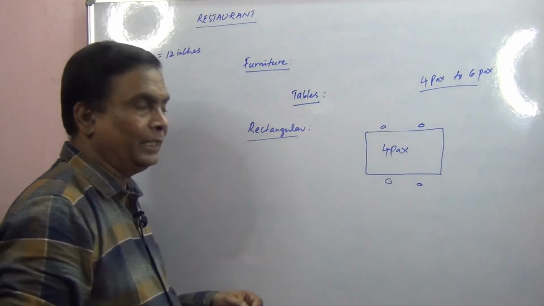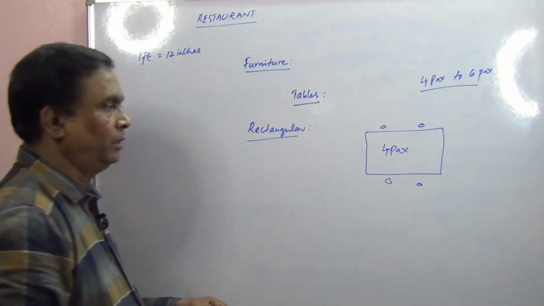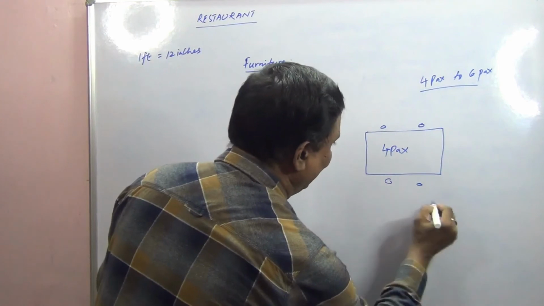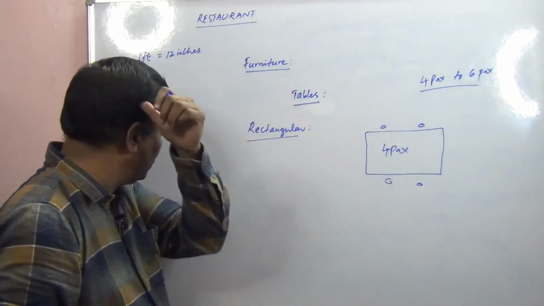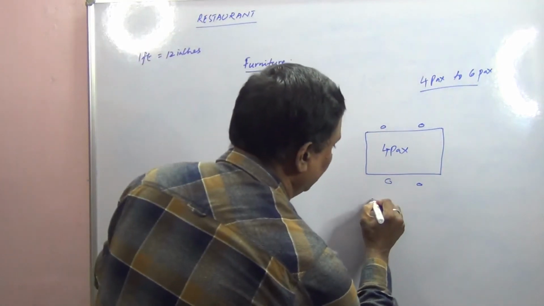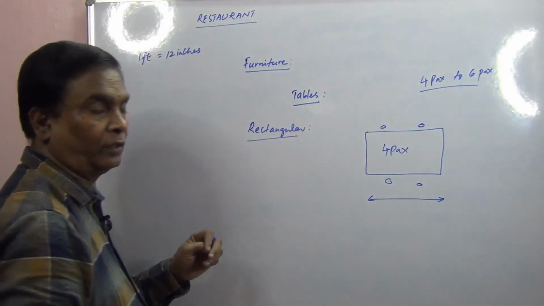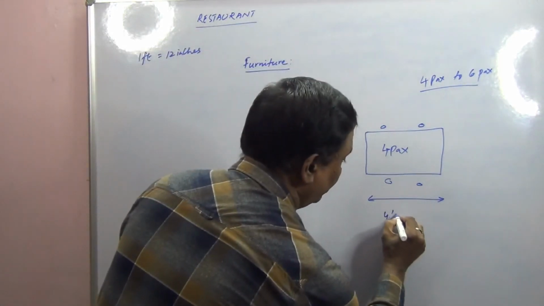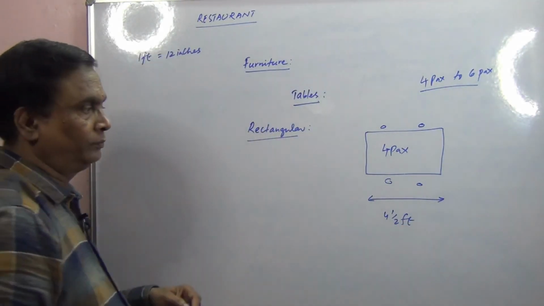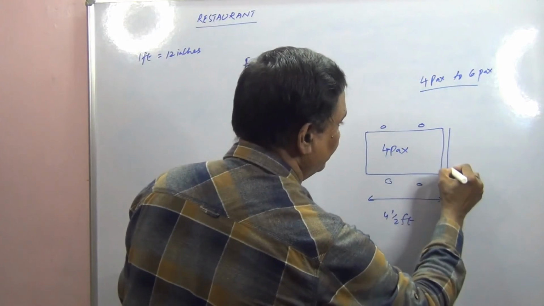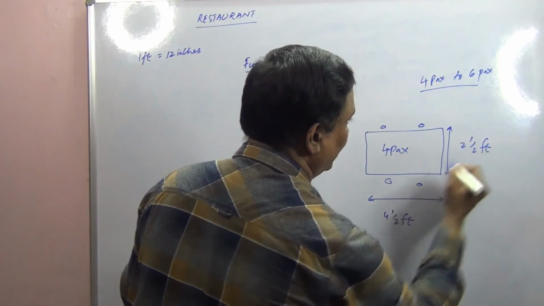Now we have to find out LB. So here LB means what? Length and breadth. So here this is having 4.5 feet, and this is having 2.5 feet.